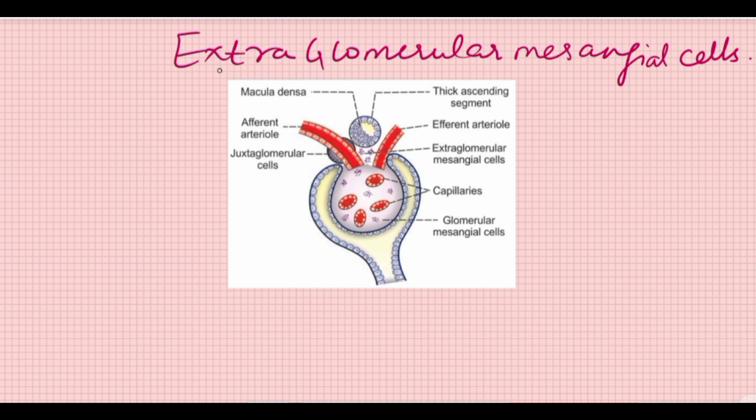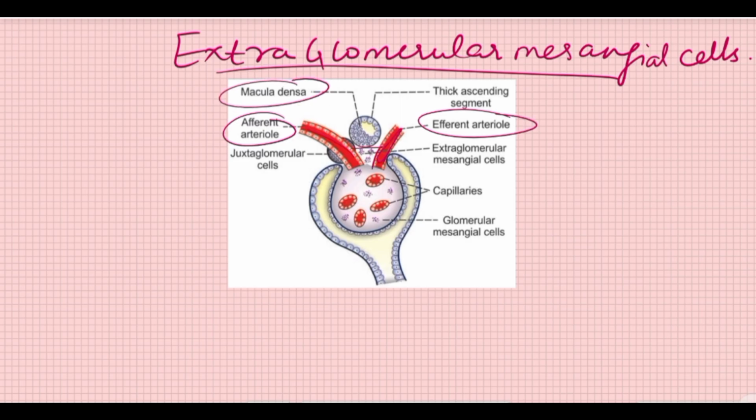The second structure is the extraglomerular mesangial cells, situated in the triangular region bound by the afferent and efferent arterioles and the macula densa.